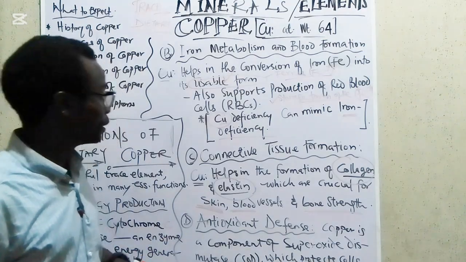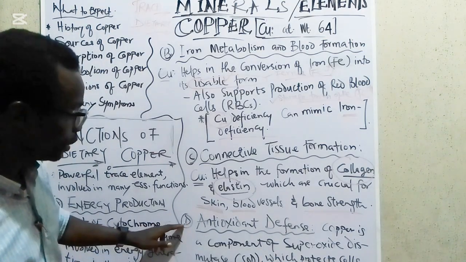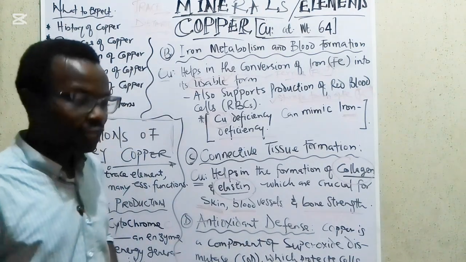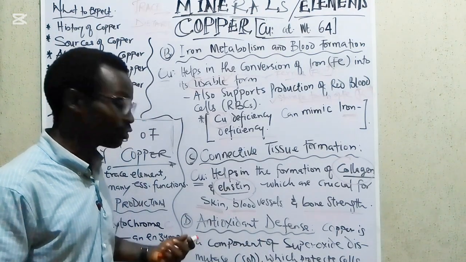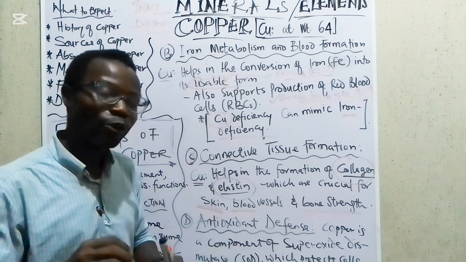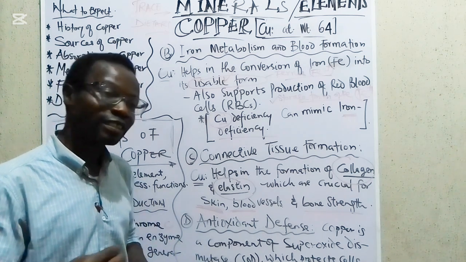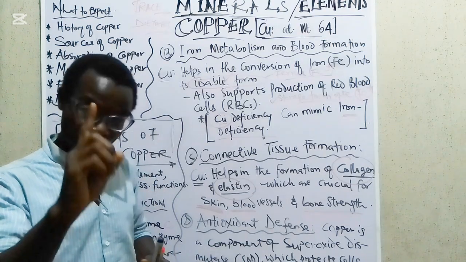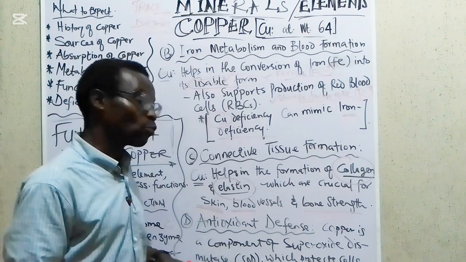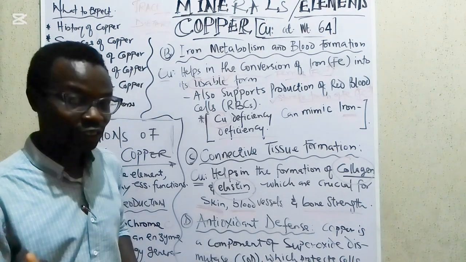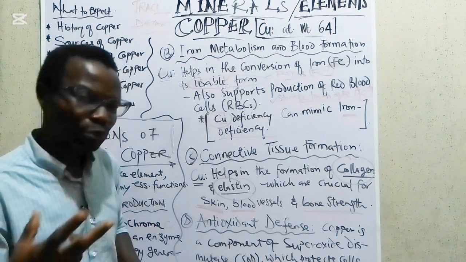Very important. Then function B is antioxidant defense. Now, when you talk about antioxidants, antioxidants are the opposite of free radicals. Free radicals are molecules that have lost an electron. When they lose an electron, they become positively charged and unstable.